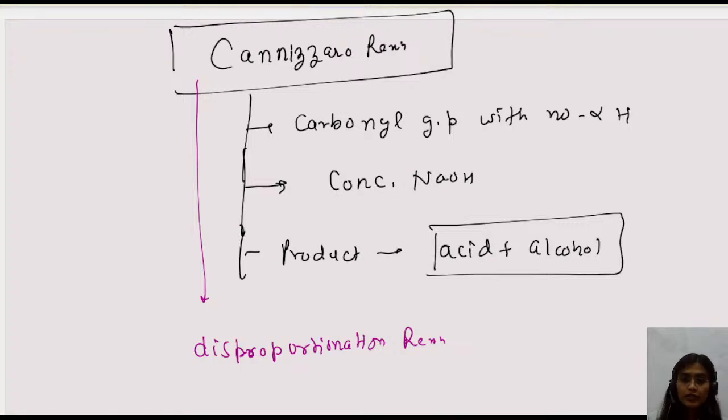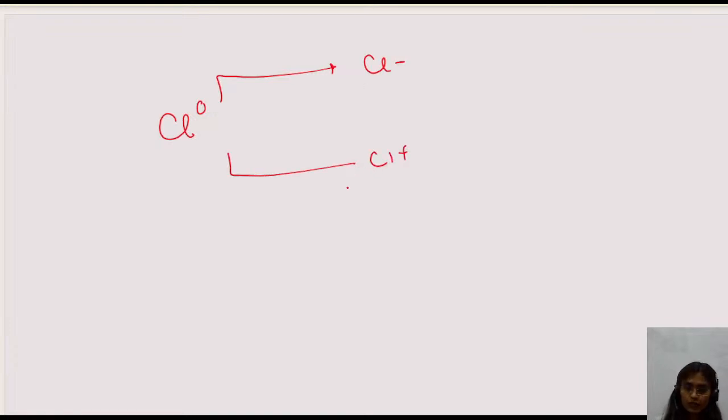It is a reaction in which the same thing undergoes oxidation and reduction as well. If you consider the previous classes, chlorine in the zero oxidation state converts into Cl negative or Cl positive. Disproportionation means the same species undergoes both oxidation and reduction.